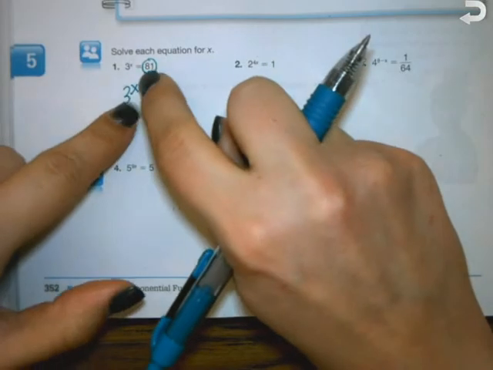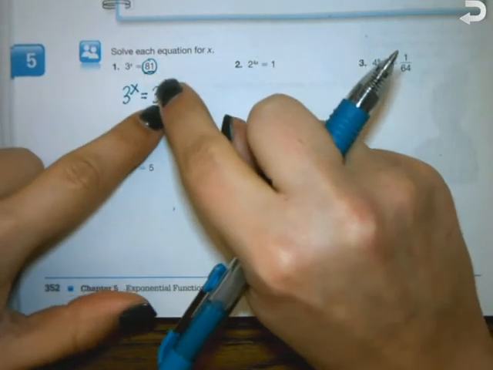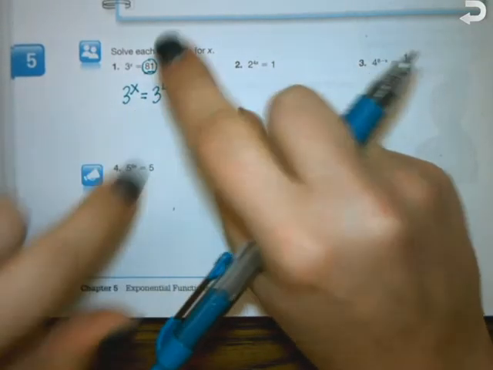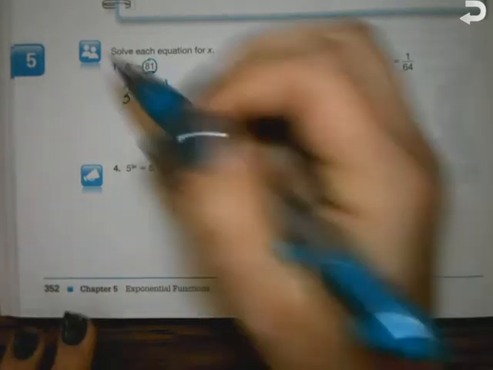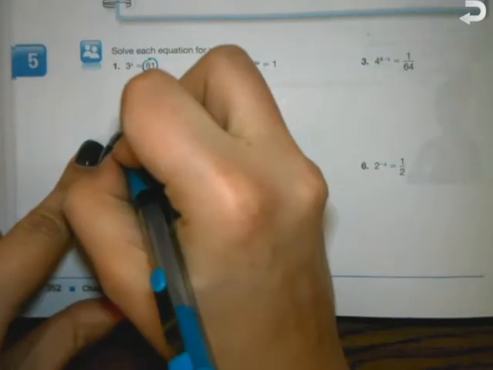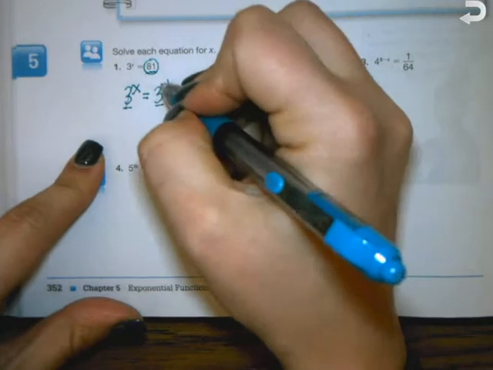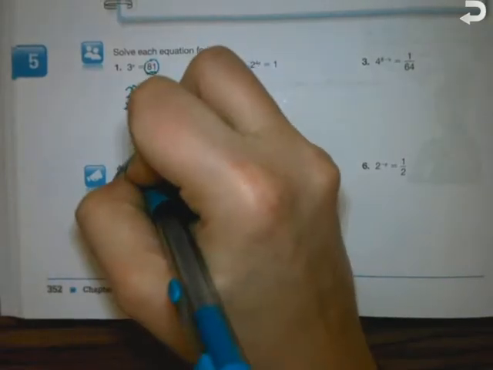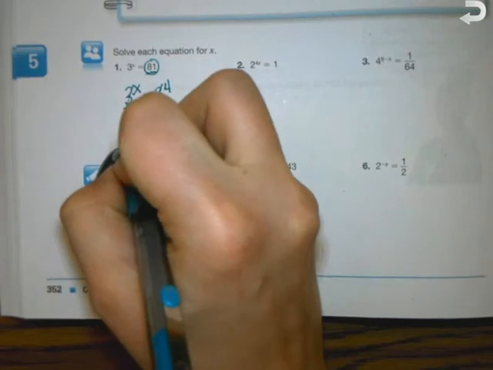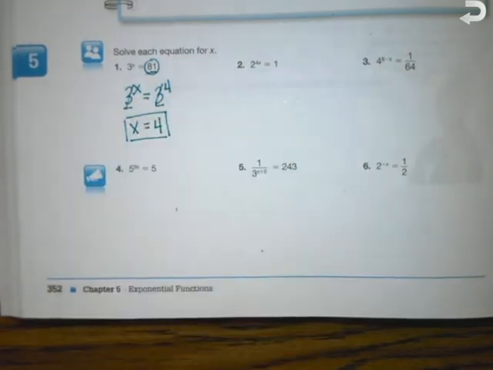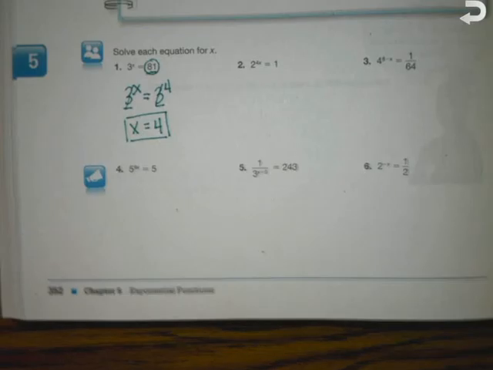If 3 to the x power is equal to 3 to the 4th power, what does x have to equal? 4. Here's how you can show your work. After you get the same bases, you can drop them, and we set the exponents equal to each other. So in this case, x equals 4, and that's your answer. There will be other problems where more work is involved, but that's the basic.